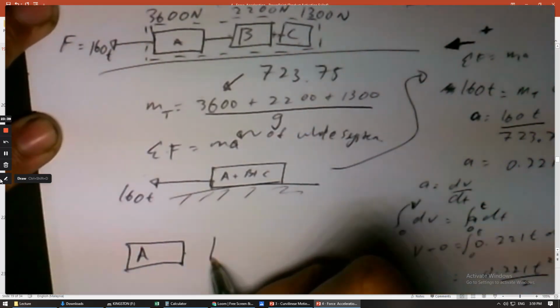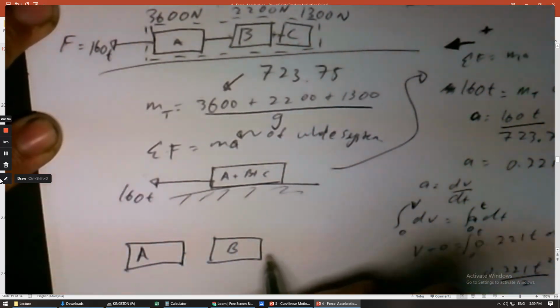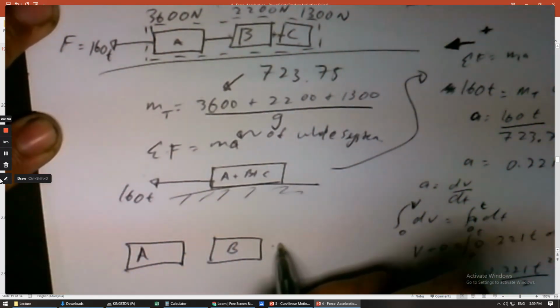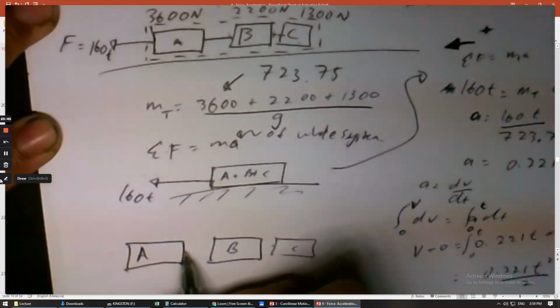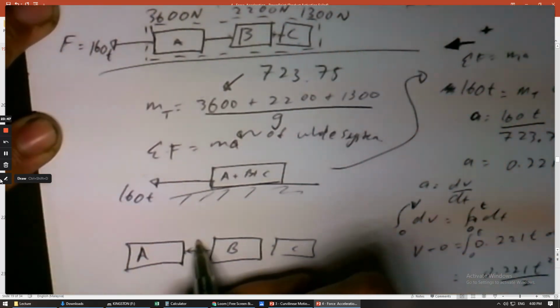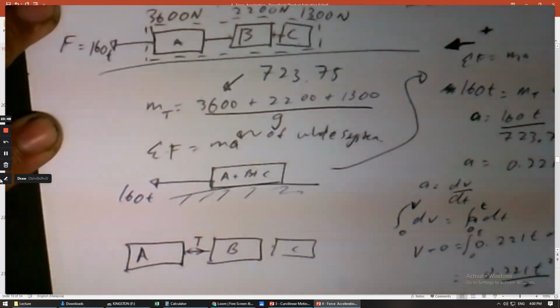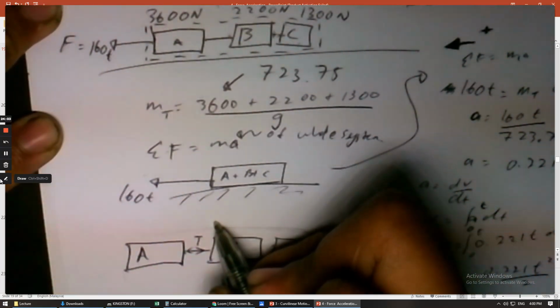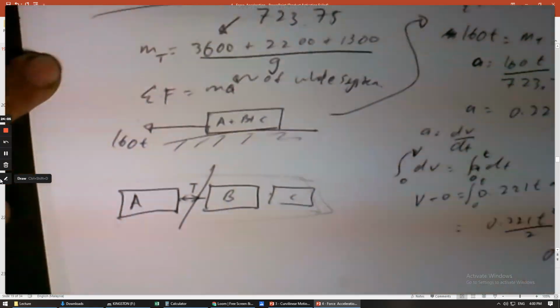Initially we have A and B and C, but if we take all three as one system, this tension is an internal force. However, we want to make this tension an external force because we want to find T, so we have to cut this.